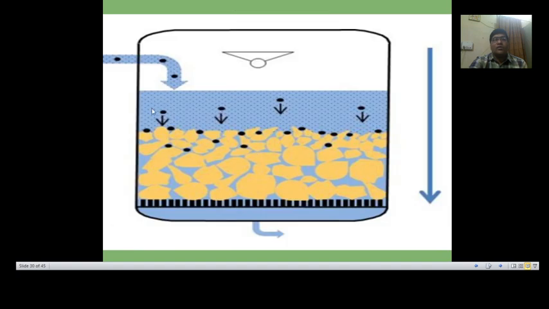The water penetrates through the larger grains of quartz, and here a small opening has been given. Through that, only the pure form of the water will come down, and it is collected for drinking purposes.